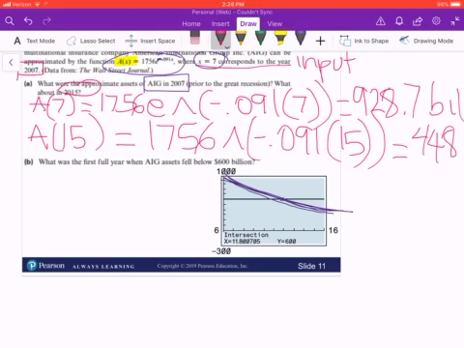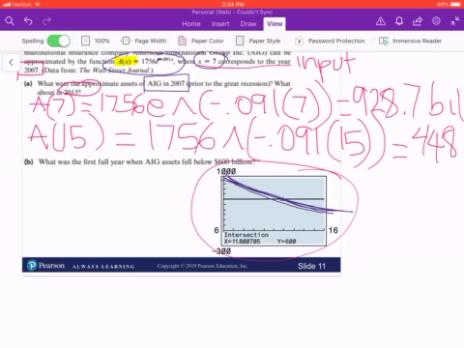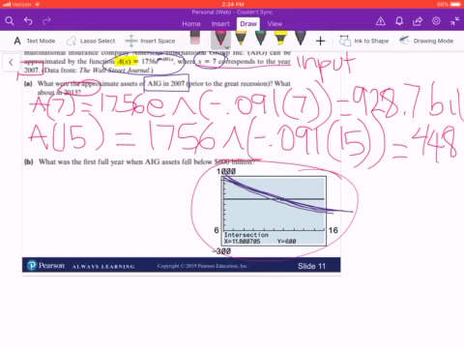Now for part B, we also need to use technology. So you already see the graph here. And we want to know in what year they fell below 600 billion. And so, similar to the previous problem, we're going to graph the line y equals 600, and that's what you see here, this horizontal line.